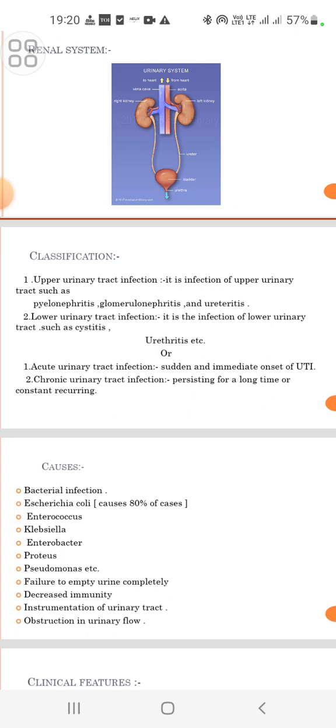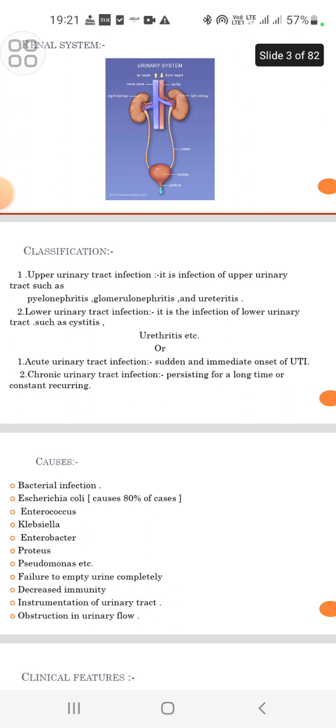If it is not controlled in time, it can lead to glomerulonephritis and other very serious problems. That is why it is called complicated. If the infection occurs in the lower urinary tract and is not resolved with time, it does not cause major problems. That is the reason it is called uncomplicated.